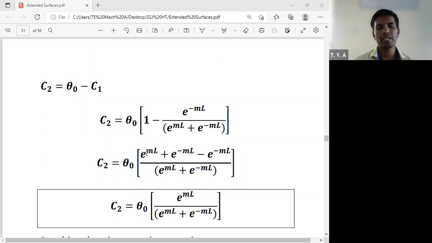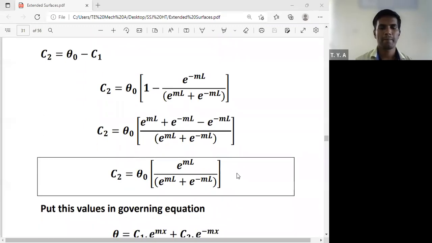So the only remaining term is e raised to ml. Okay, so what is the final value of C2? C2 is equal to theta 0 into bracket e raised to ml divided by e raised to ml plus e raised to minus ml.